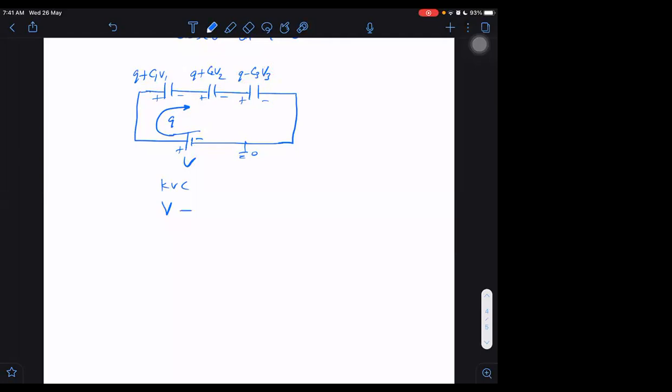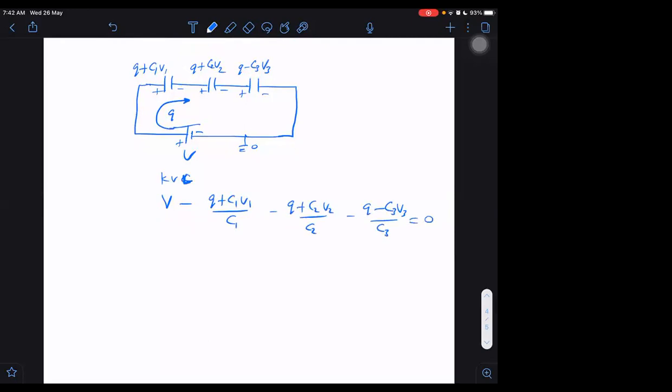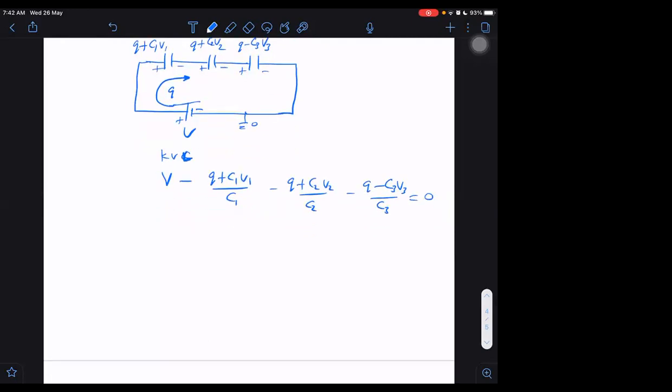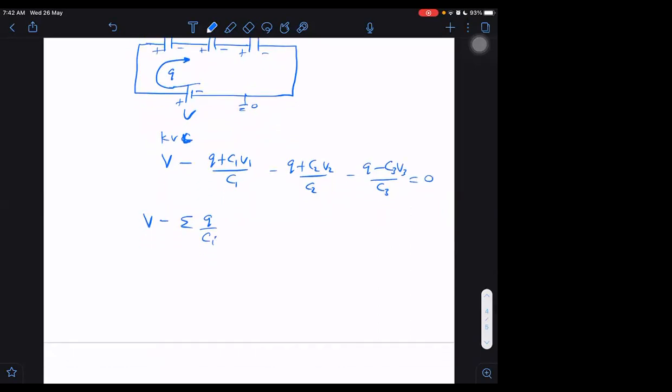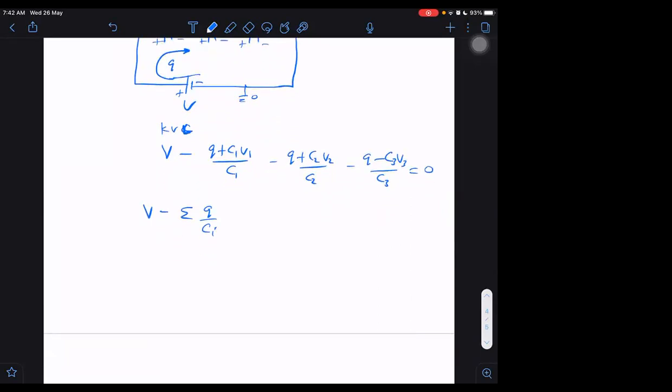Then we are getting V minus (Q plus C1V1) divided by C1, minus (Q plus C2V2) divided by C2, minus (Q minus C3V3) divided by C3, is equal to 0. Then we can write it as V minus Q sigma 1 by Ci, minus.